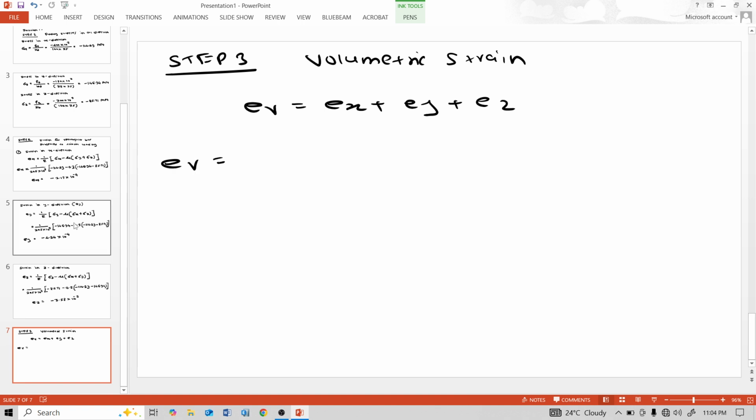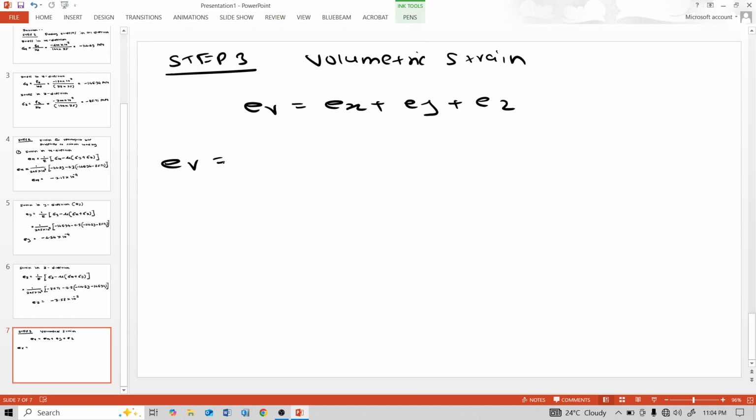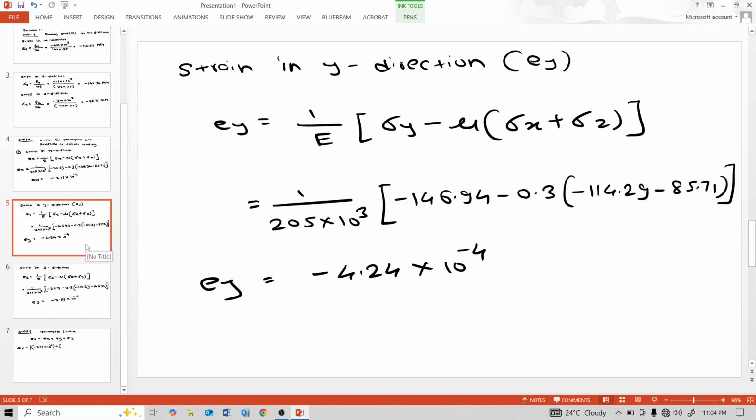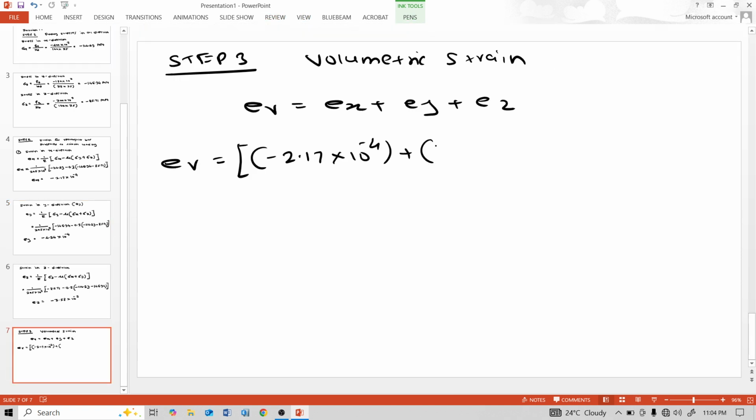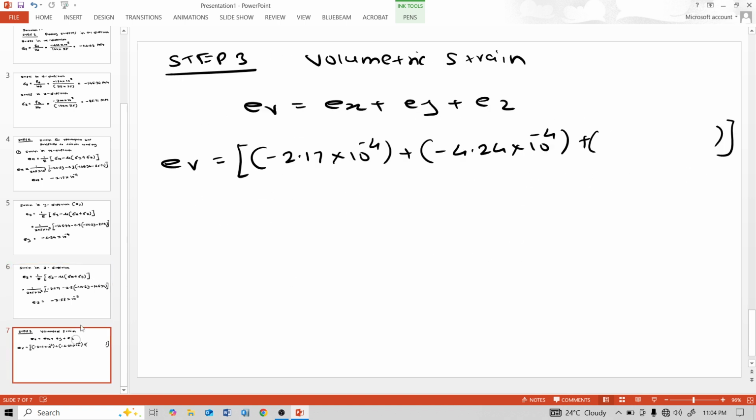Ev is equal to minus 2.17 into 10 raised to minus 4 plus minus 4.24 into 10 raised to minus 4 plus minus 3.58 into 10 raised to minus 5.